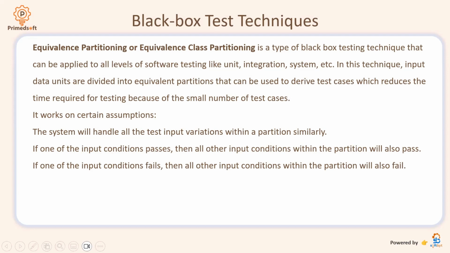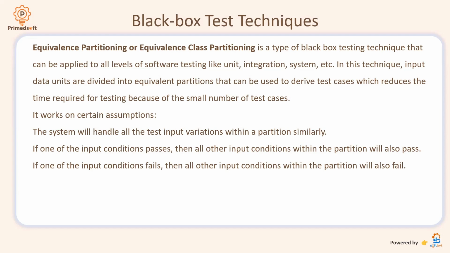So like I said, equivalent partitioning divides data into partitions, also known as equivalent classes, in such a way that all the members of a given partition are expected to be processed in the same way. Every number in that particular class is expected to behave the same way.